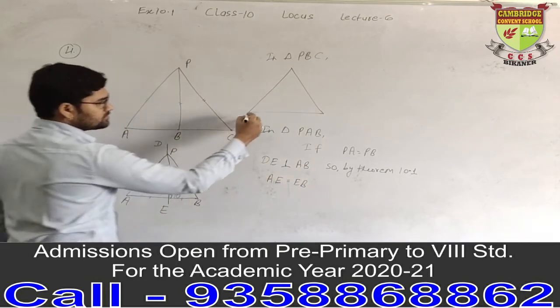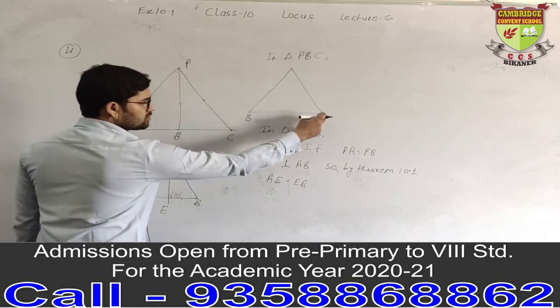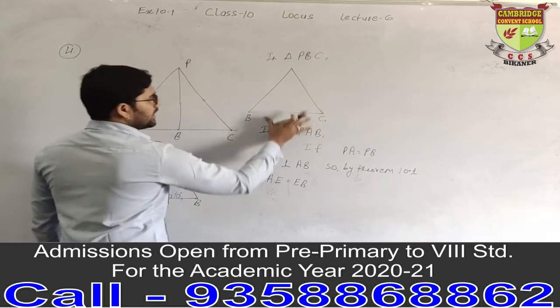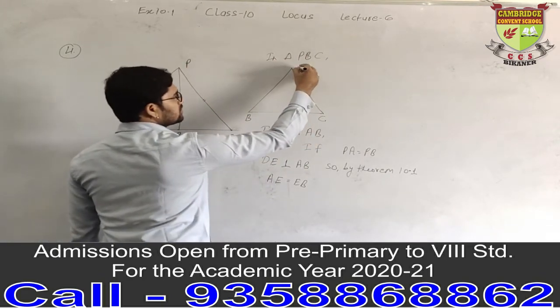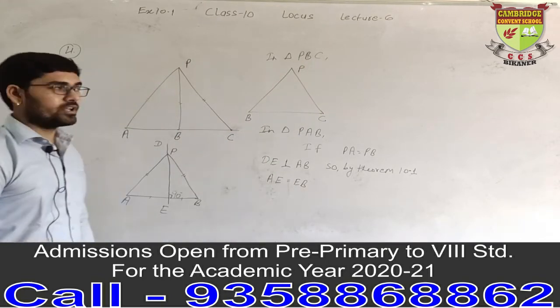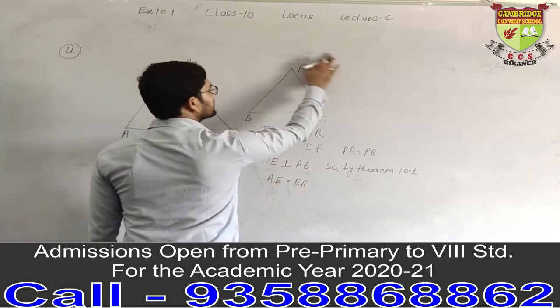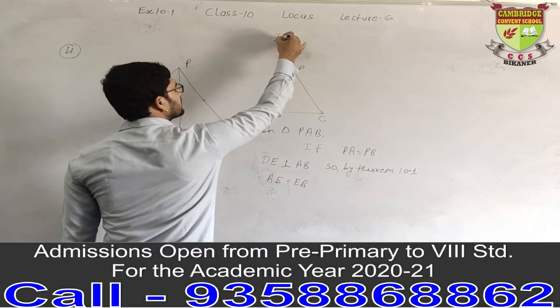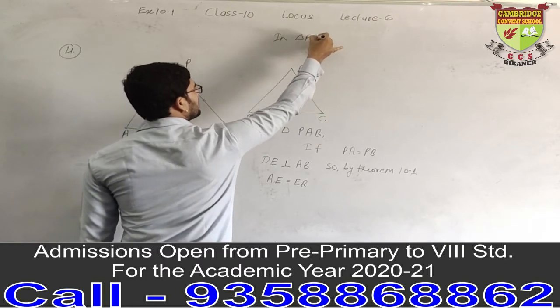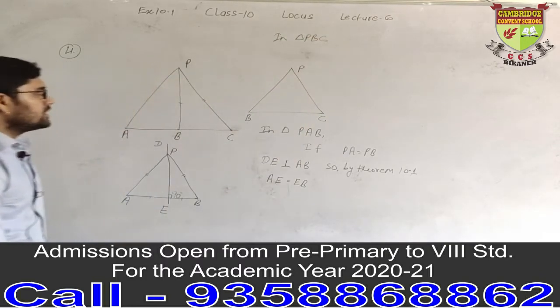This is point B and this one is point C, and where do they meet? At P. Okay, they meet at point P. I will write it a little bit higher. In triangle PBC, same thing.